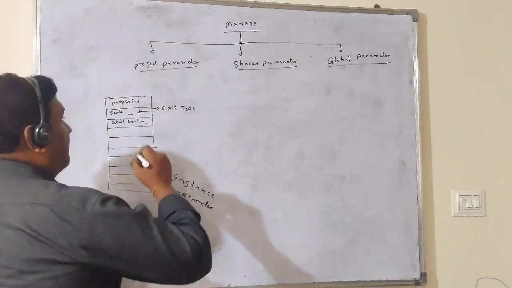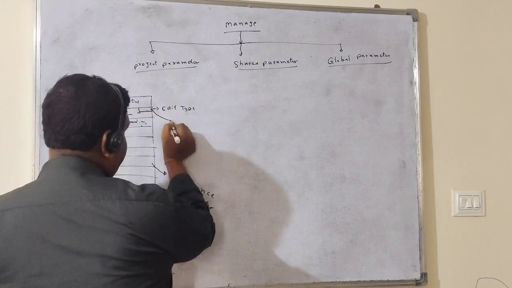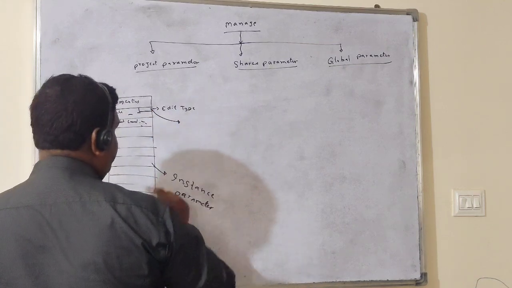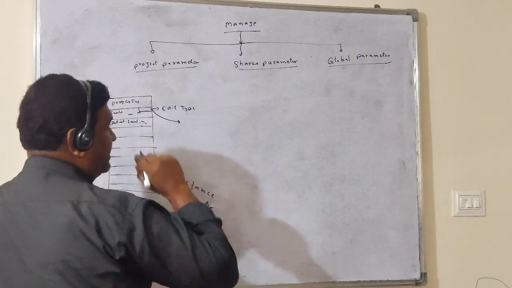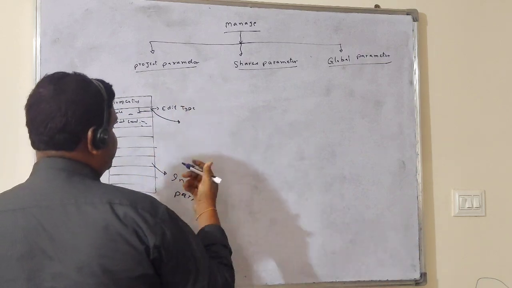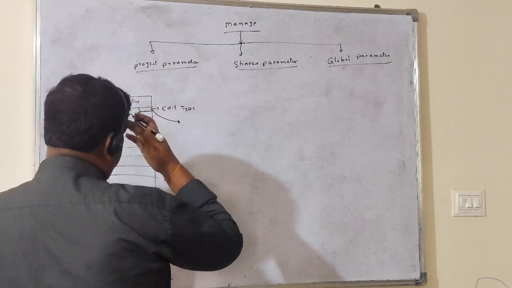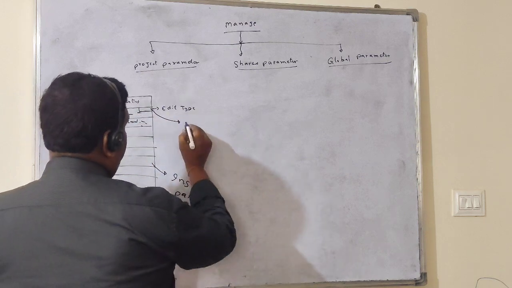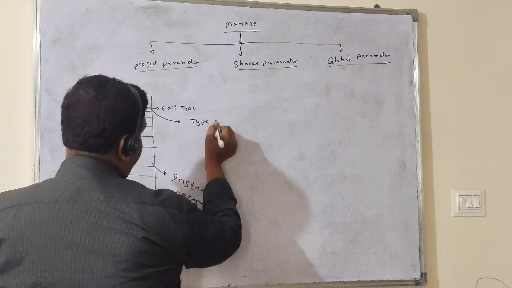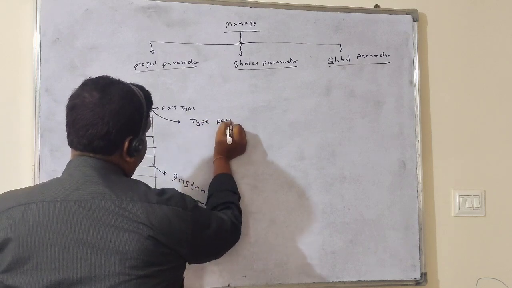But whatever properties you see in Edit Type, when you click the Edit Type menu, a palette will appear, and in that palette also you will find a number of properties. One of the information we can give in Edit Type, those parameters we call type parameters.